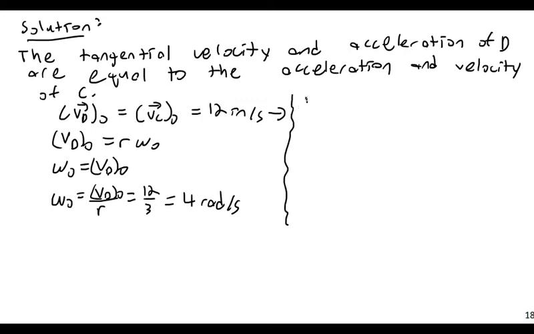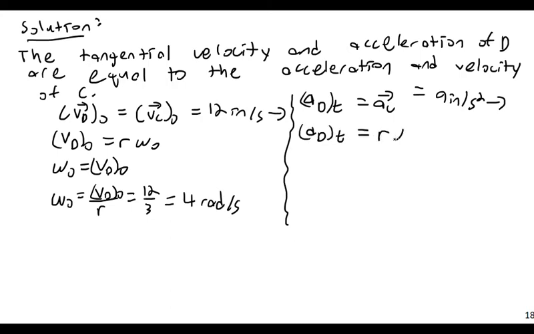And then AD, the acceleration of D, at any time t, is equal to AC, which is equal to 9 inches per second squared to the right. And then AD at some time t equals R alpha.